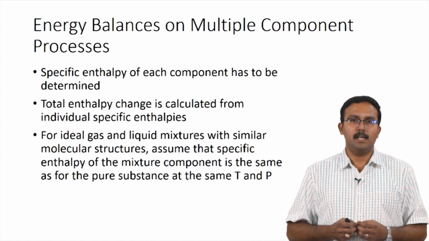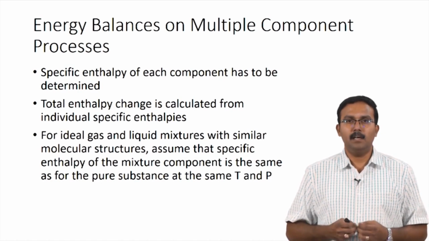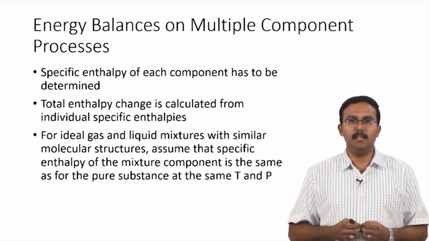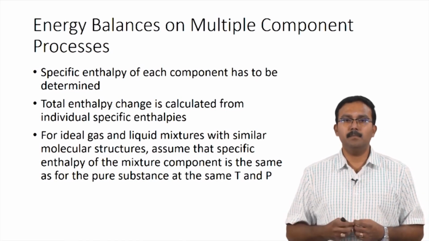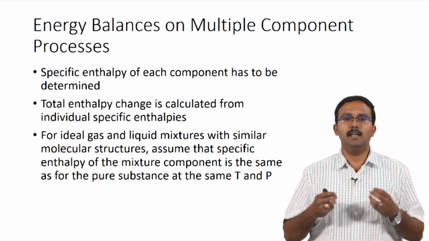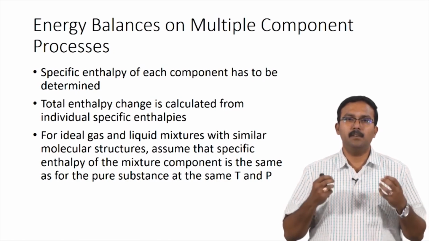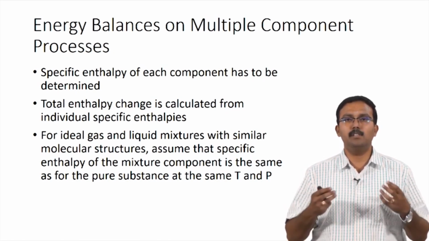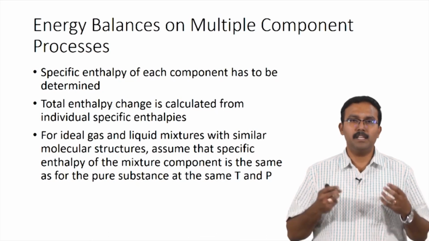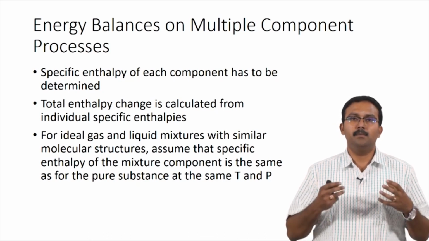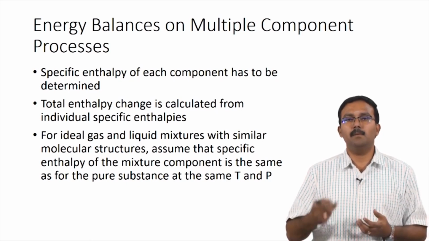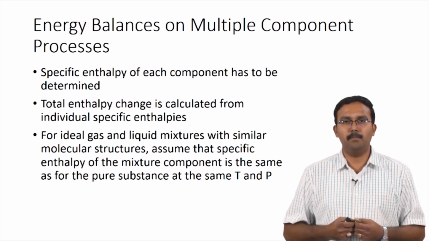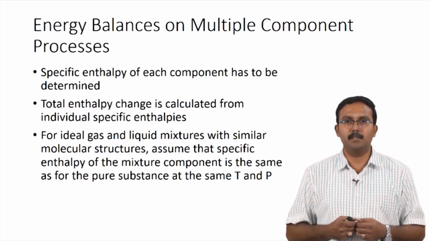When we do this, we are making an assumption, and this assumption is valid for ideal gas and liquid mixtures which have similar molecular structures, because we are assuming ideal solutions or ideal mixtures. Based on this assumption, the total enthalpy of the system is equal to the summation of the enthalpies of individual components at the same temperature and pressure.